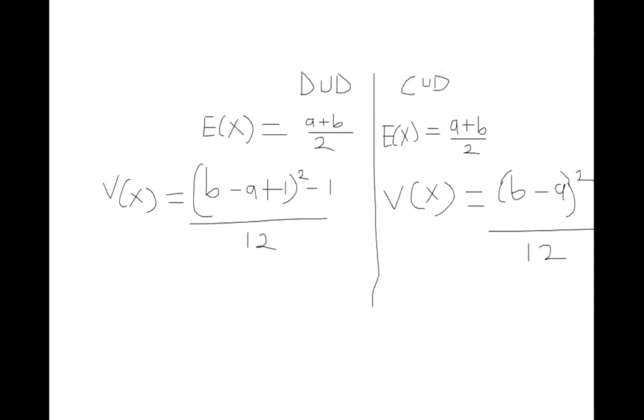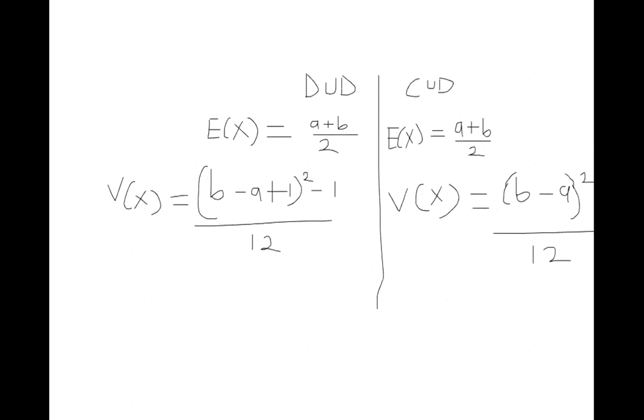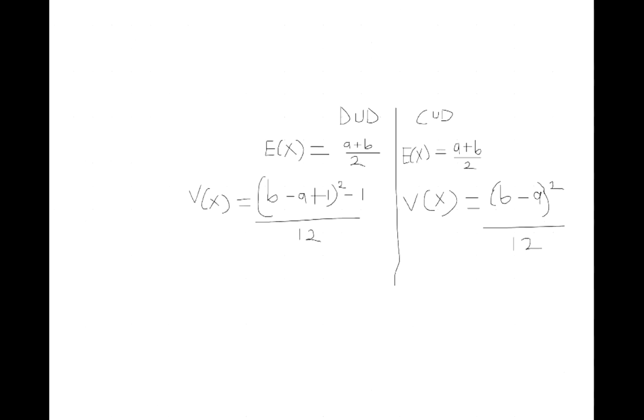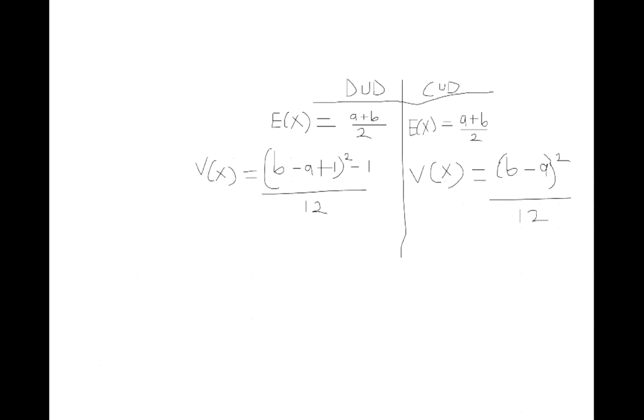You'll notice that in the discrete version, we have B minus A, then plus 1, and everything is squared, then we subtract 1 before we divide by 12. But in the continuous, it is just (B minus A) raised to the power of 2, all divided by 12. These are but a few differences between the two. There are other properties, but for now, we are considering the mean and the variance.